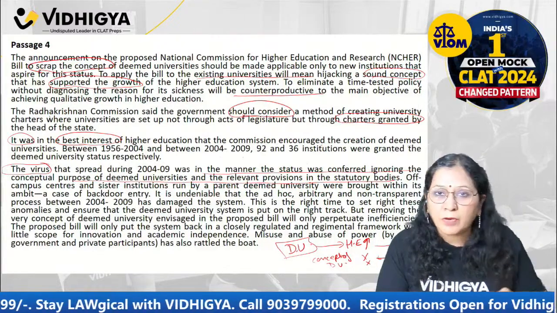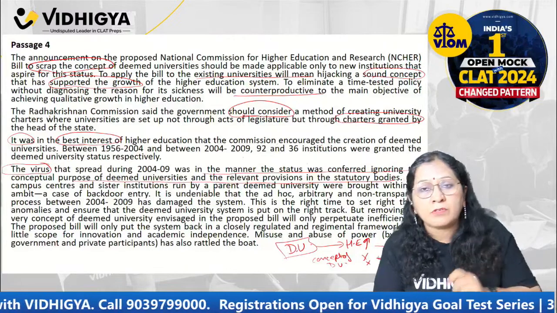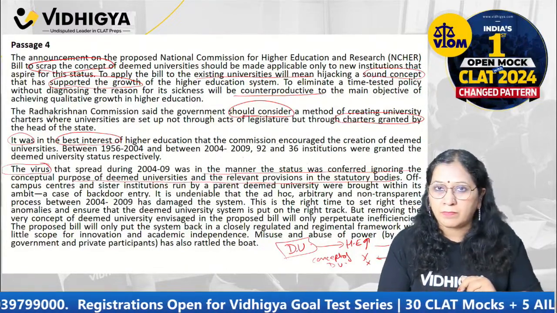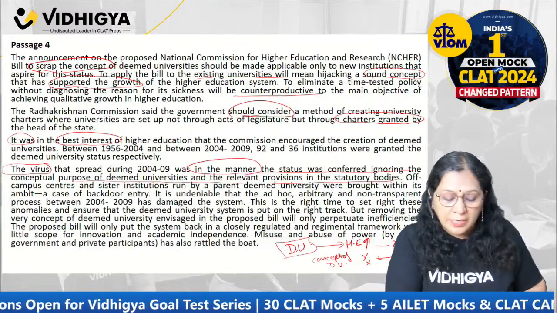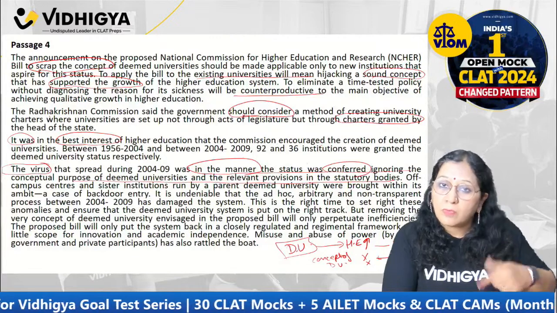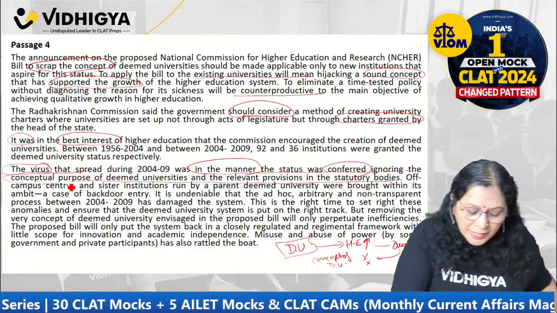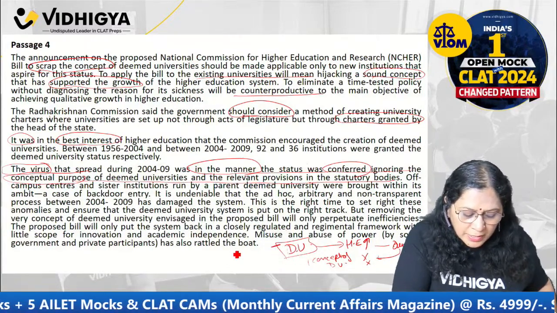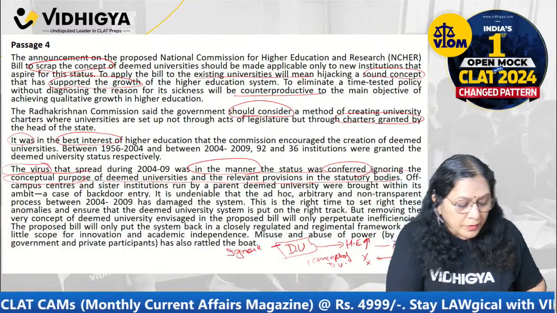That means this was important कि किस तरीके से किस यूनिवर्सिटी को डीम्ड बोला गया या डीम्ड यूनिवर्सिटी का टाइटल दिया गया, that was problem and that was the virus. The manner this status was conferred, why, what happened, it ignored the conceptual purpose. तो जो बेसिक कॉन्सेप्ट था डीम्ड यूनिवर्सिटी का उसे ही इग्नोर किया जा रहा था, कब, 2004-2009 के बीच में.